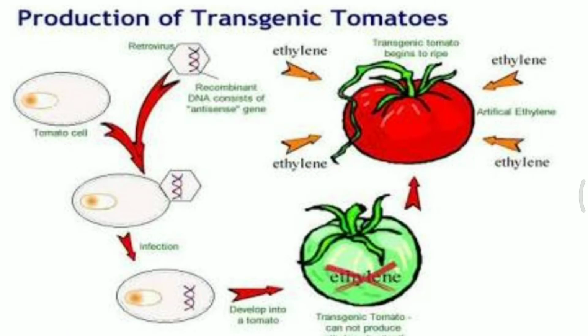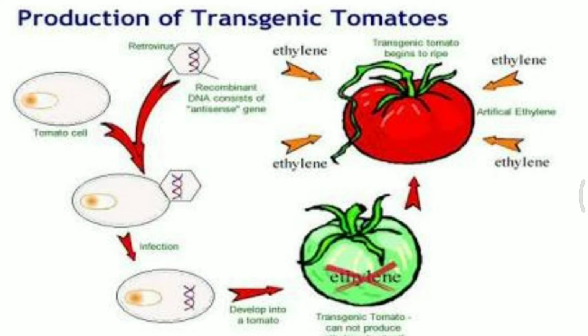We have transgenic tomatoes available in the market. Normally we are aware that tomatoes ripen very fast. That is the way we used to know, or we have an idea about organic tomatoes.